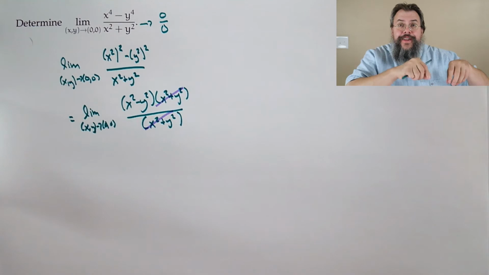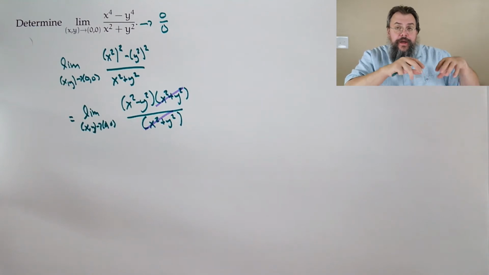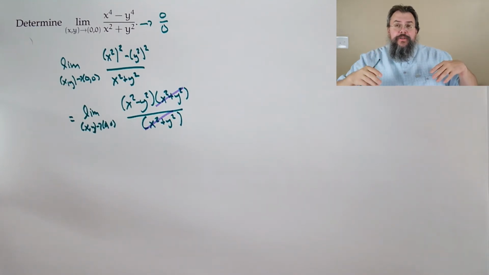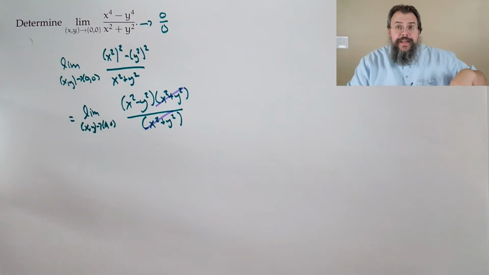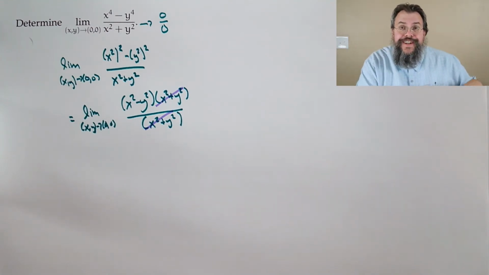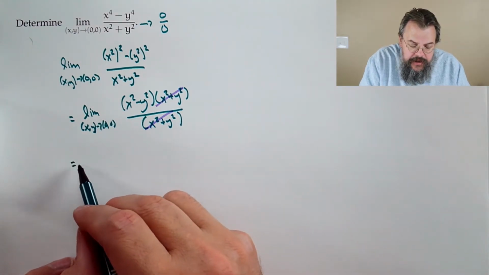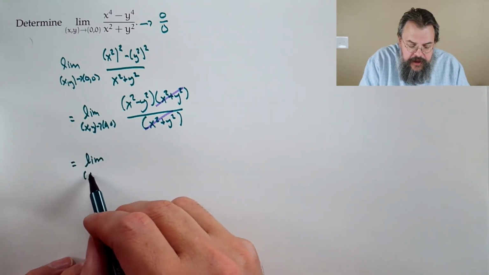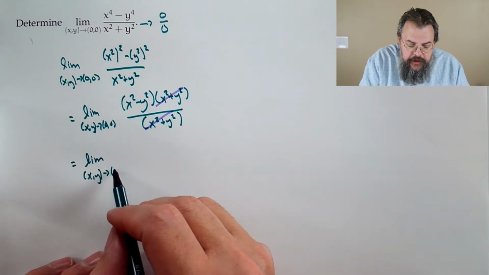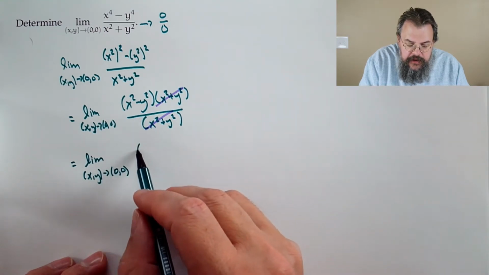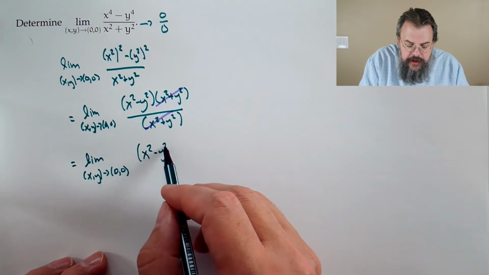We're saying we're near there. And so away from 0, 0, x squared plus y squared is no problem, and so we can cancel them. Whoosh, and they're gone. And so this is really the limit as x, y goes to 0, 0 of x squared minus y squared.